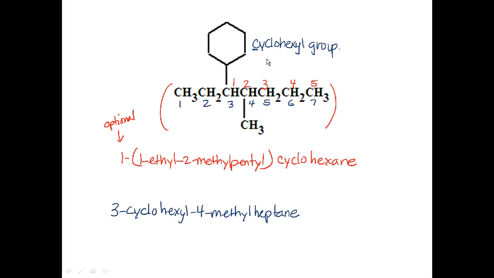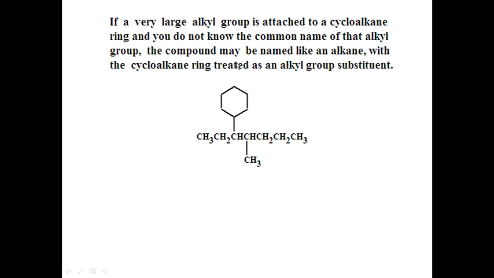Again, you're only going to do this for a monosubstituted cyclohexyl group, because if the cyclohexyl has another group on it, then it just becomes very confusing. So if it's more than monosubstituted, we name the alkane based on the parent name being the cycloalkane. Okay, and that's pretty much what this slide says.